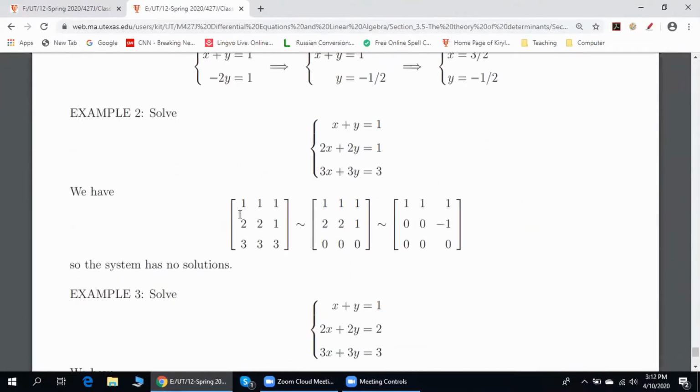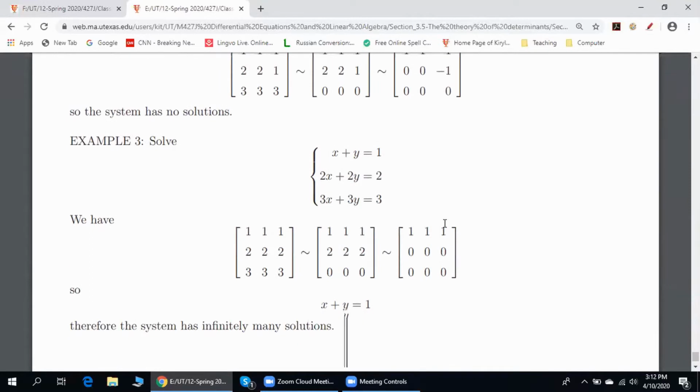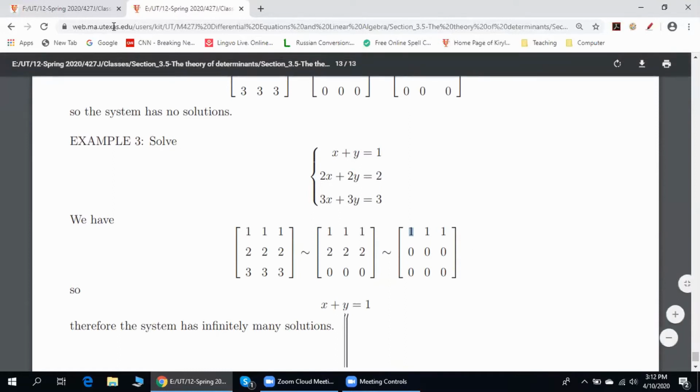Case number 2, we apply elementary row operations, and we get a row which completely consists of zeros, except for the very last term. Conclusion, the system has no solutions. Lastly, we apply elementary row operations, and we see that we have 1 pivot and 2 variables, and there is no contradiction. The system has infinitely many solutions.